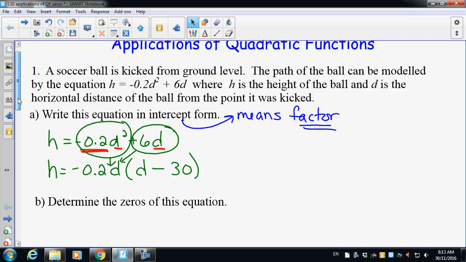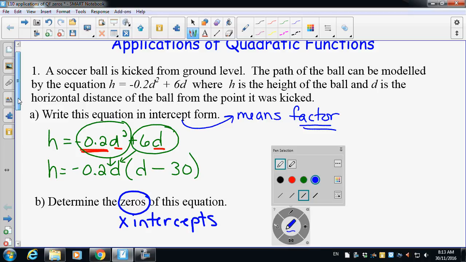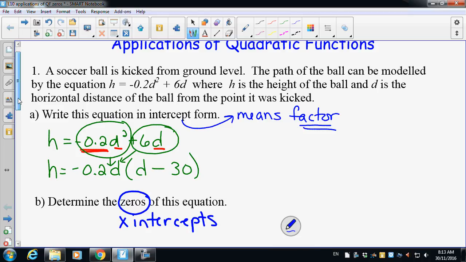Second part, determine the zeros. Remember, zeros mean x-intercepts. And the x-intercepts are the numbers from the factors with opposite signs.